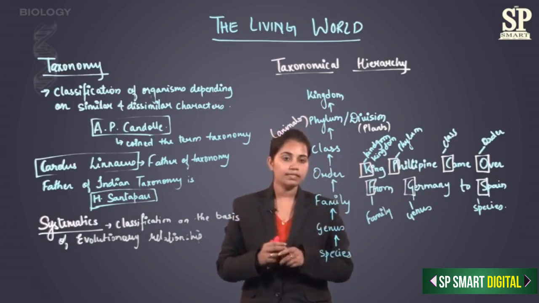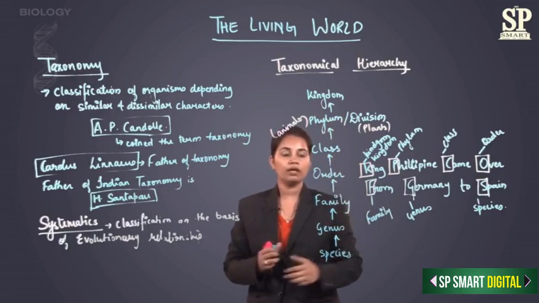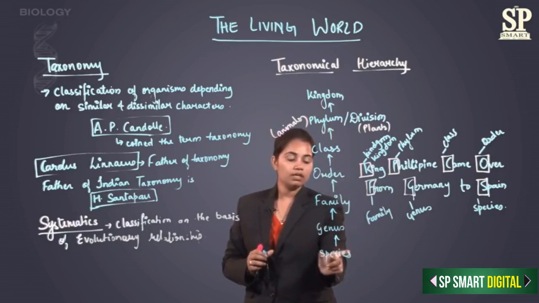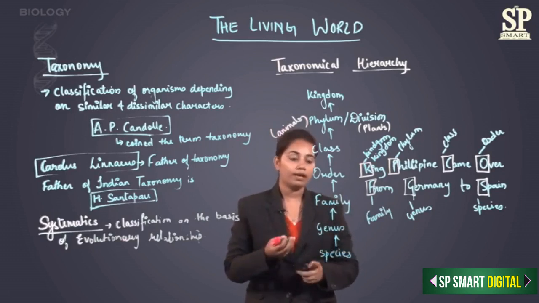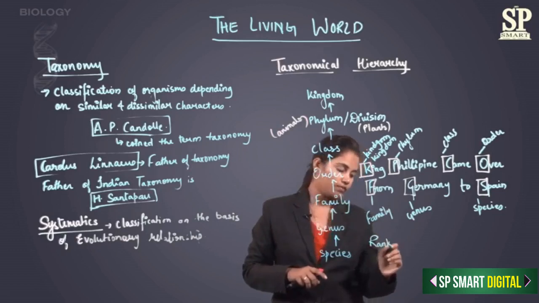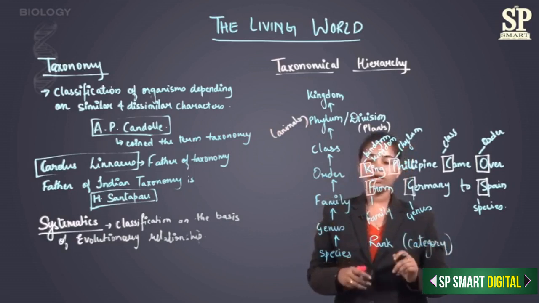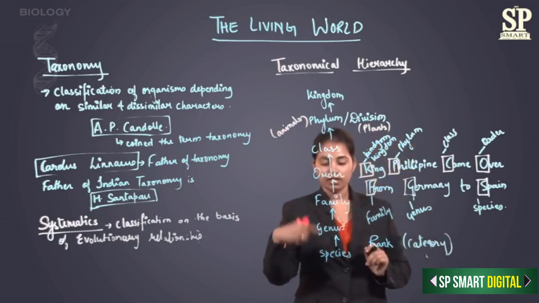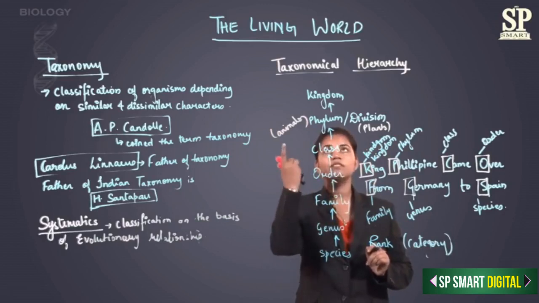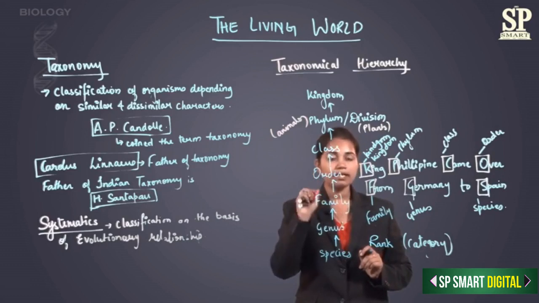Now when I say steps, I'm just saying steps of this grouping. Each step is called a rank or category. When I'm saying species, genus, family, order, class, phylum, kingdom, I'm saying it as a rank or as a category.